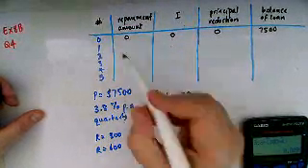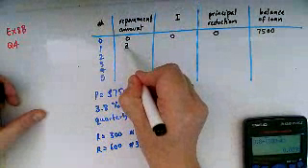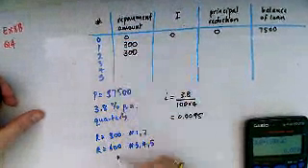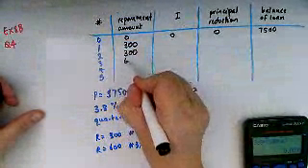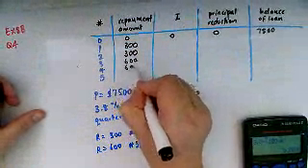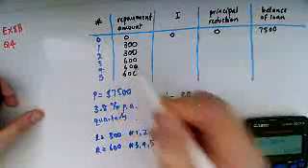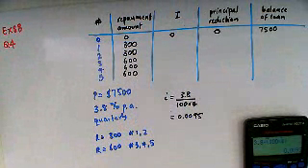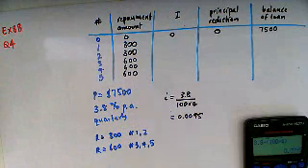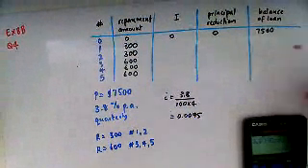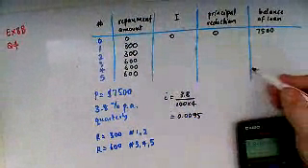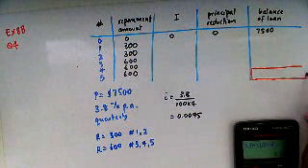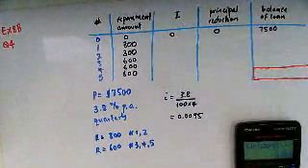Okay, so the repayment amount for the first 2 is 300, 300, and then remember it went to 600. The question is asking us for the balance of the loan after 5 repayments, so it's actually going to be this amount here.